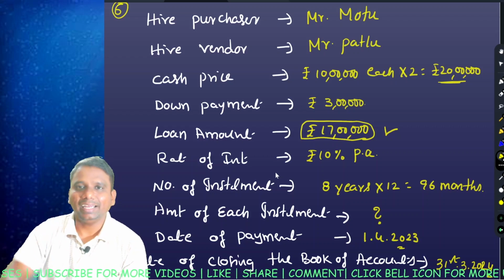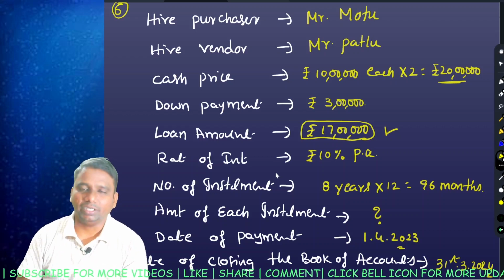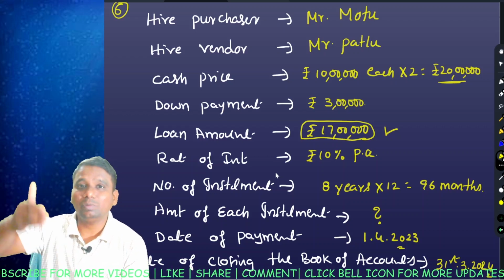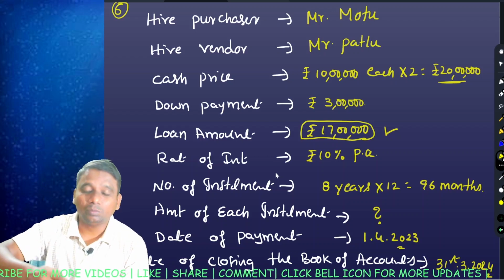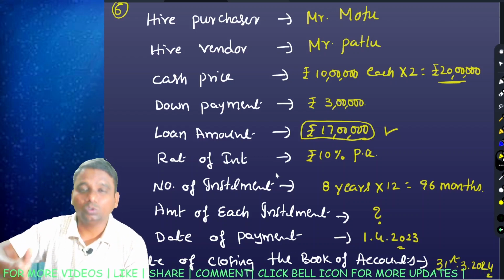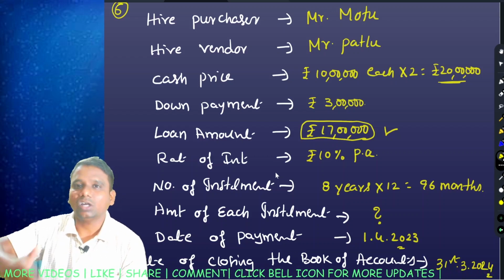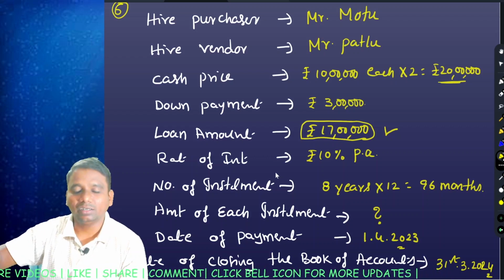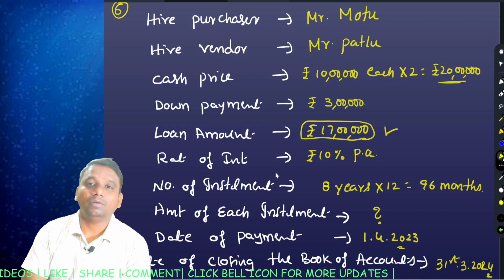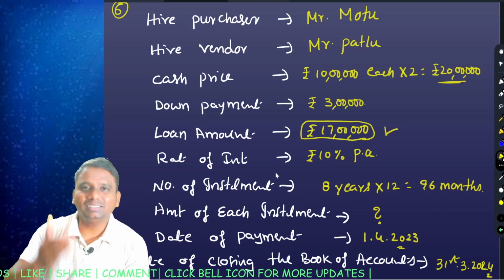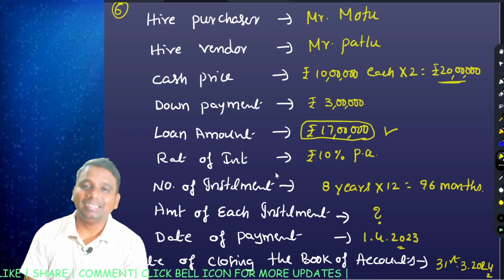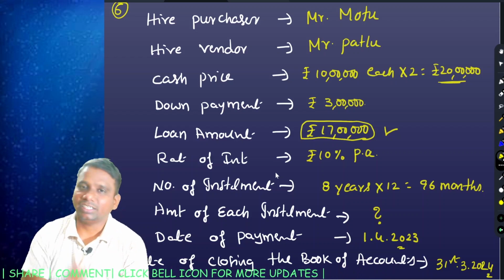That schedule contains the number of installments and the installment amount. Out of this installment amount, what is the principal amount, what is the interest amount, and after making each installment, what is the closing balance.